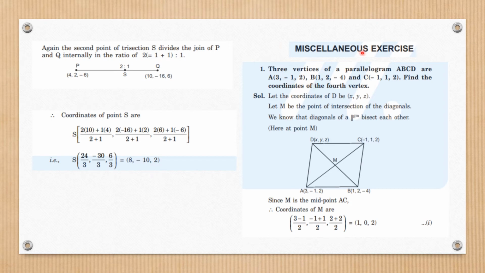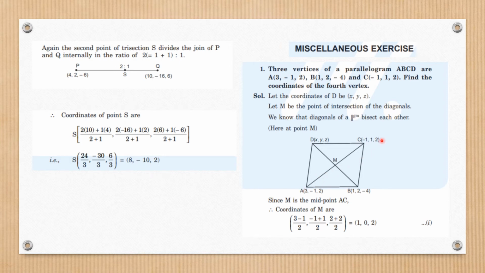Question number 1 of the miscellaneous exercise: three vertices of a parallelogram ABCD are given as A, B, C, and you have to find the fourth vertex. I'll be using the same concept. Let's take the fourth vertex as D with coordinates x, y, z. M is the point of intersection of the diagonals, and you know that the diagonals of a parallelogram bisect each other.